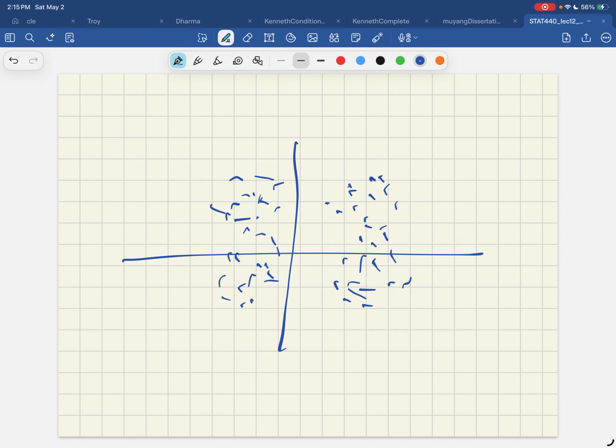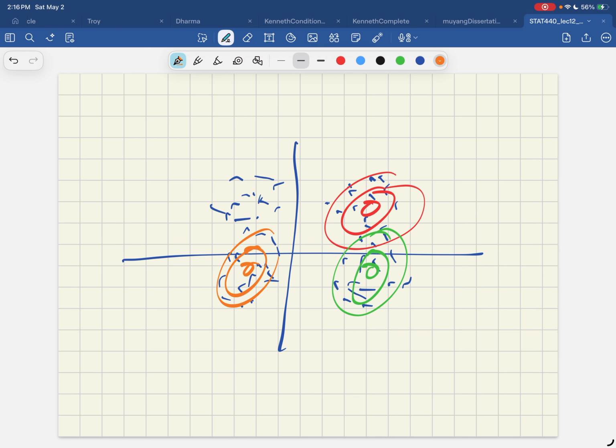And unfortunately, they're not going to be labeled. So what we're going to have to do is start with unlabeled data. We're going to have to fit distributions to this. So you could imagine my fit looks something like that.